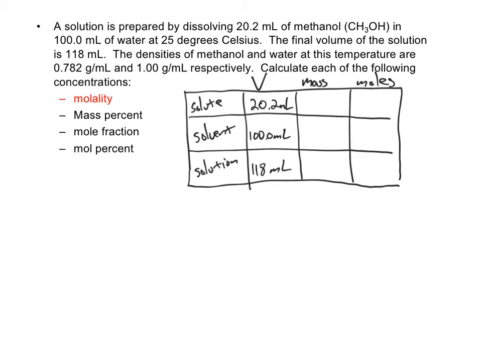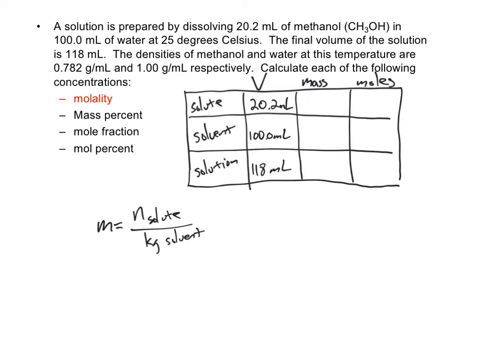All right, so let's do these separately, right? Don't get confused by trying to do all four of these concentrations at once. We're just going to focus right now on molality. And the molality is the moles of solute divided by the kilograms of the solvent.